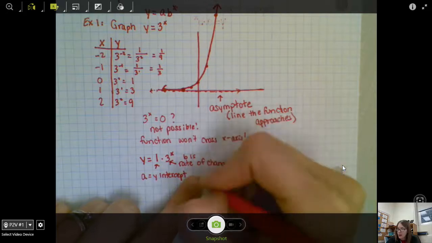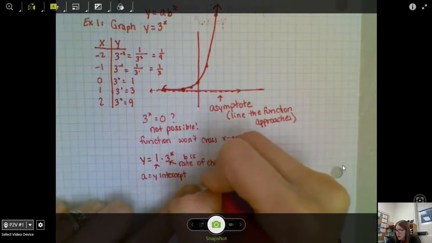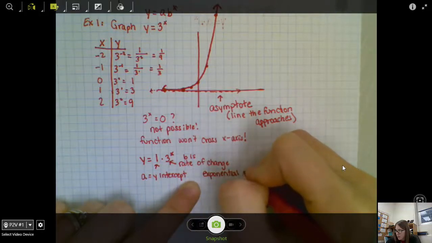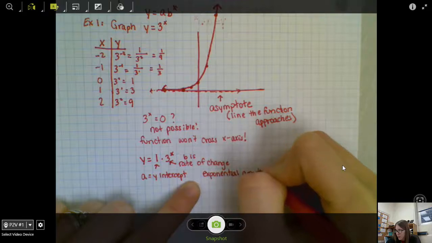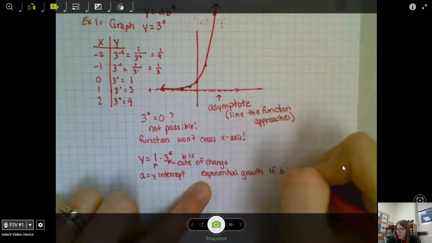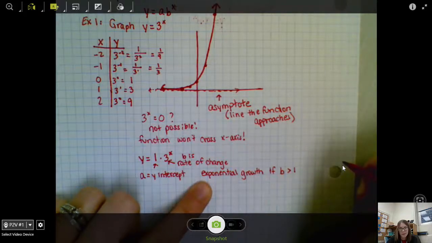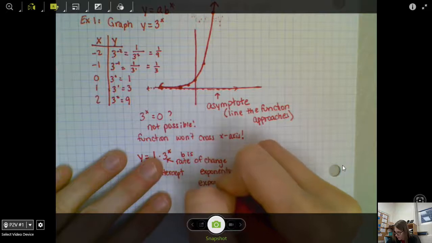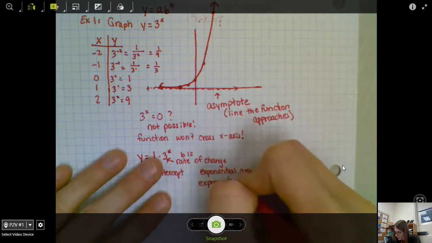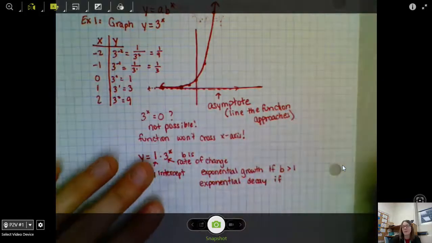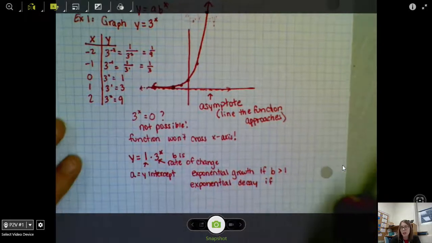In general, what we say is exponential growth if b is greater than 1, and we have exponential decay if b is less than 1, but there's one other condition.